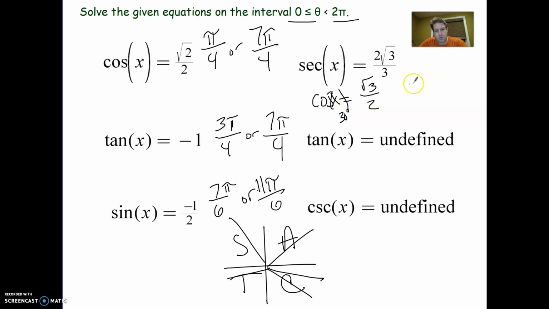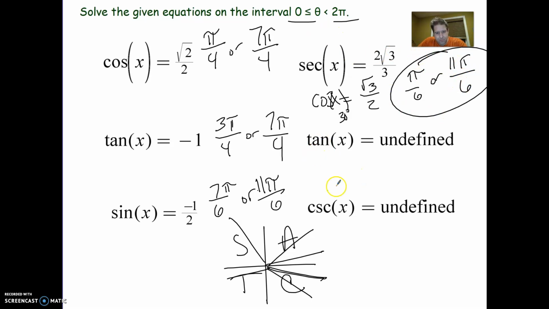So that's a 30-degree angle. And then it's cosine, and it's positive, which means it's either first or fourth. So it's either here or here. So it's either pi over 6 or 11 pi over 6. These two answers.